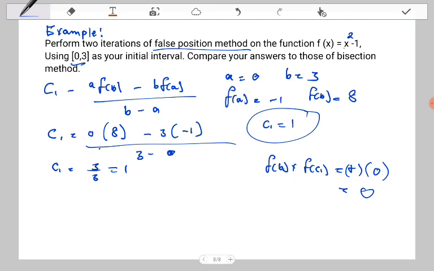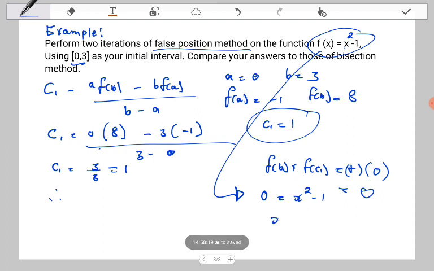So we cannot perform the next iteration because it's already giving us 0. Even if we use the actual method of equating x squared minus 1 to 0, taking the 1 to the other side gives plus 1, so x is equal to plus or minus 1.